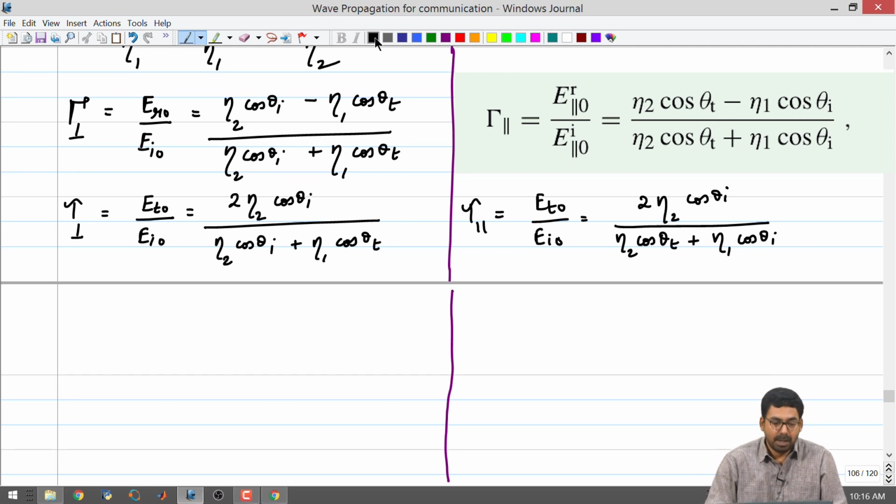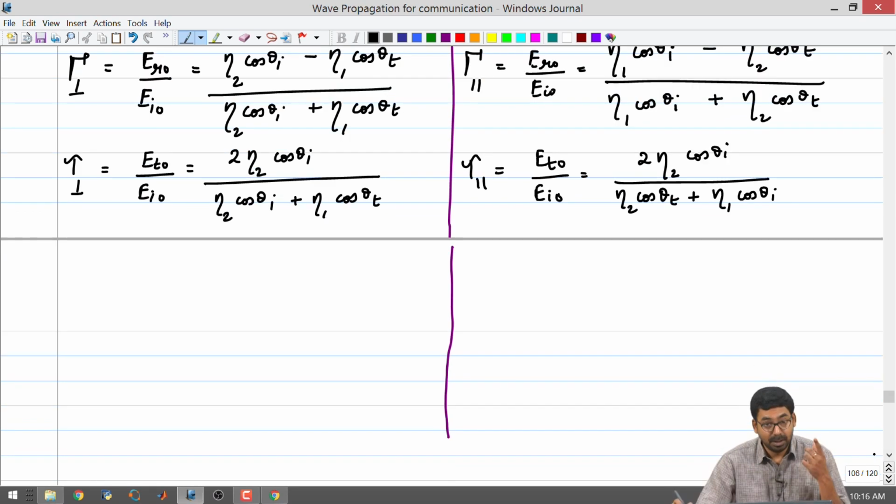The commonalities, if you look at the reflection coefficient for the perpendicular and the parallel polarizations, the first thing you notice is that the numerator has an a minus b form, that is, there is a negative sign between two terms irrespective of whether you have perpendicular or parallel polarization, which means that it is possible that under some scenario the numerator vanishes, the reflection coefficient is 0 and the entire wave is actually transmitted.